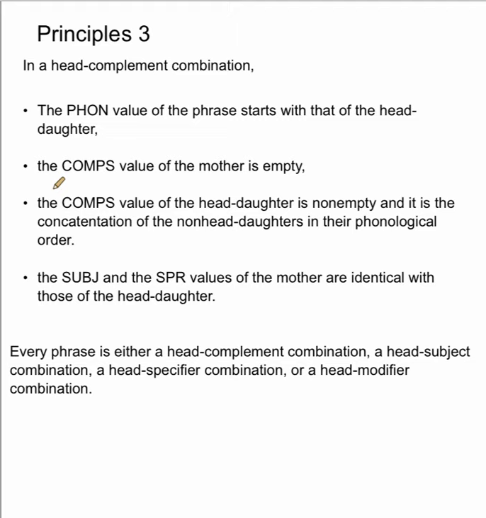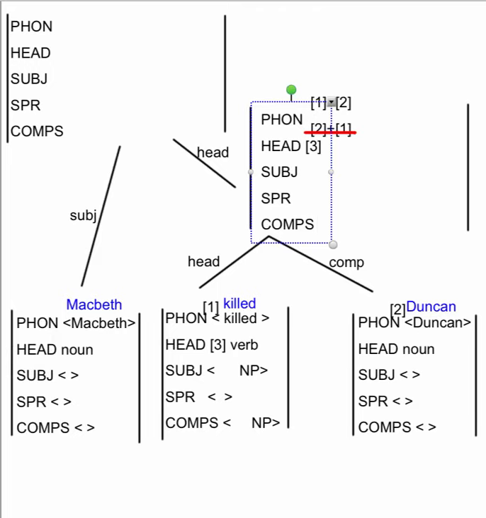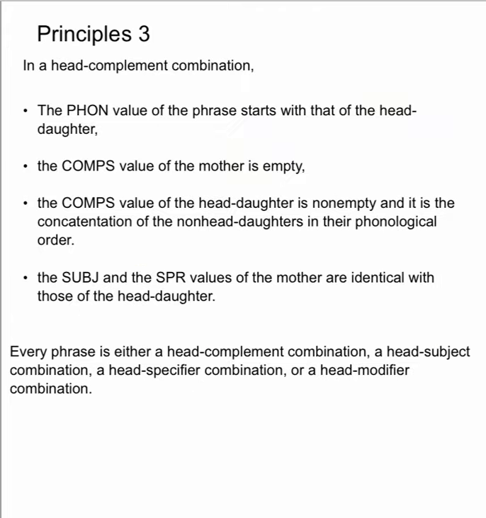The next point says that the comps value of the mother is empty. It should be empty because the comps requirements of the head are taken care of within the combination. And this is expressed by the next bullet point.